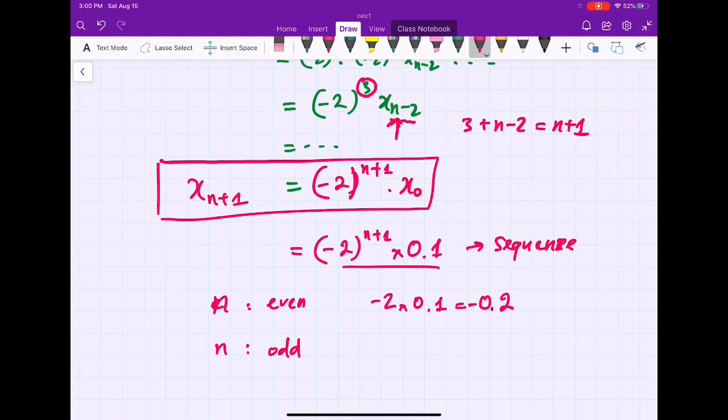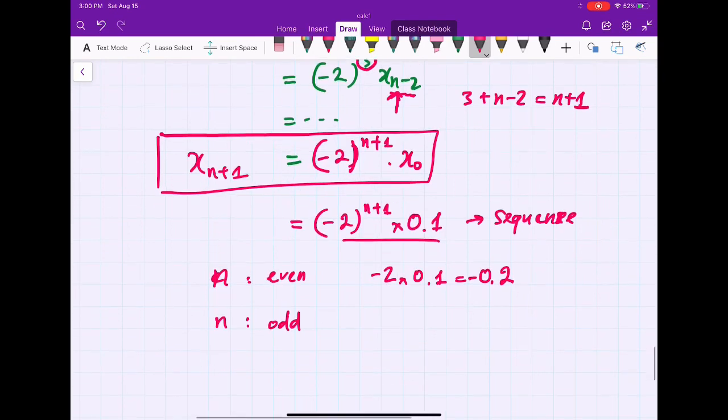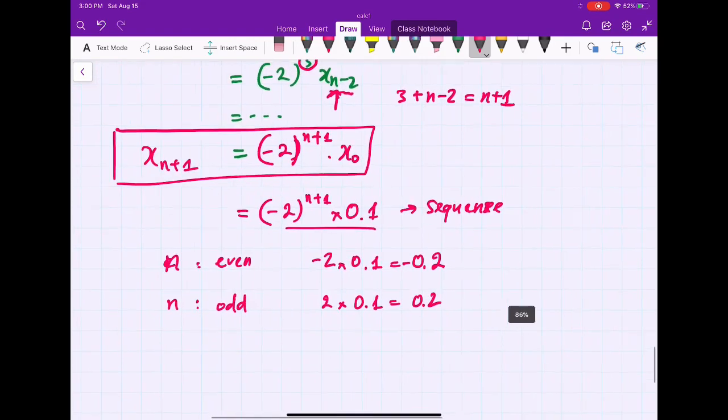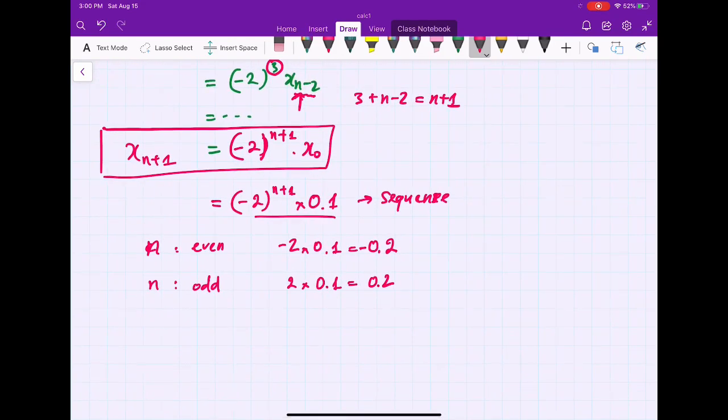But when n is odd, n plus 1 is even, so you get 2 times 0.1, which is 0.2. So this sequence is very strange, right? That is just 2 points, from negative 0.2 and 0.2. You see that? They just change from this to this, and then from this to this, and the sequence never converges to any point.